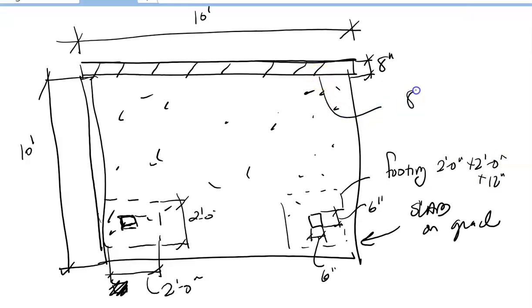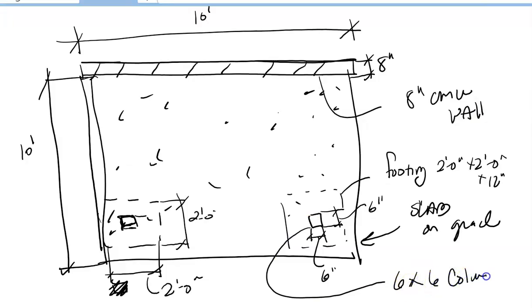And this is my 8-inch CMU wall. These are my 6 by 6 columns. Clean this up a little bit.